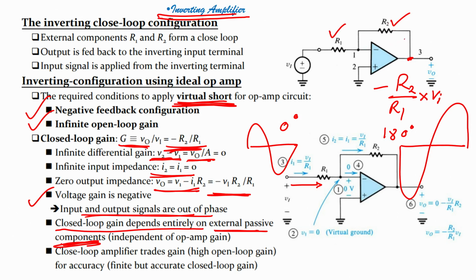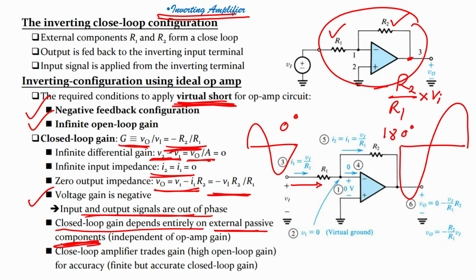If you see this amplifier, it is in closed loop configuration. Our closed loop gain depends on the value of R2 and R1, and that is why we can say that the closed loop gain depends entirely on external passive components.